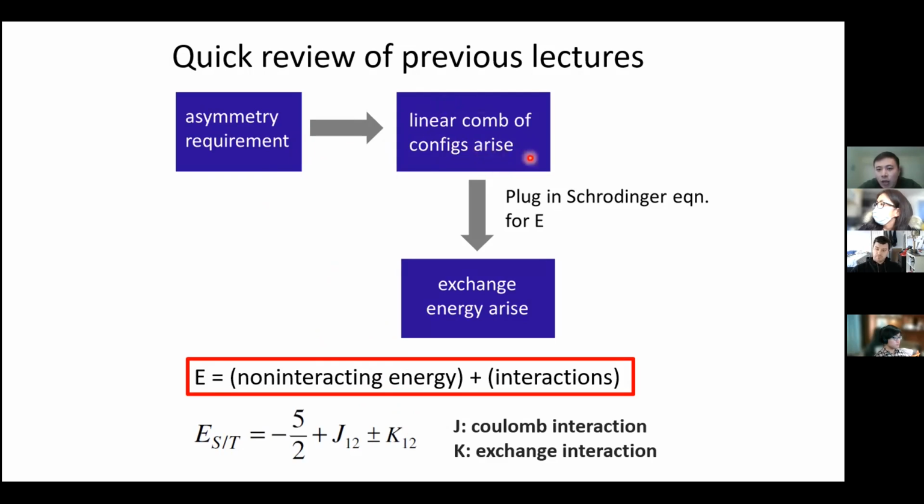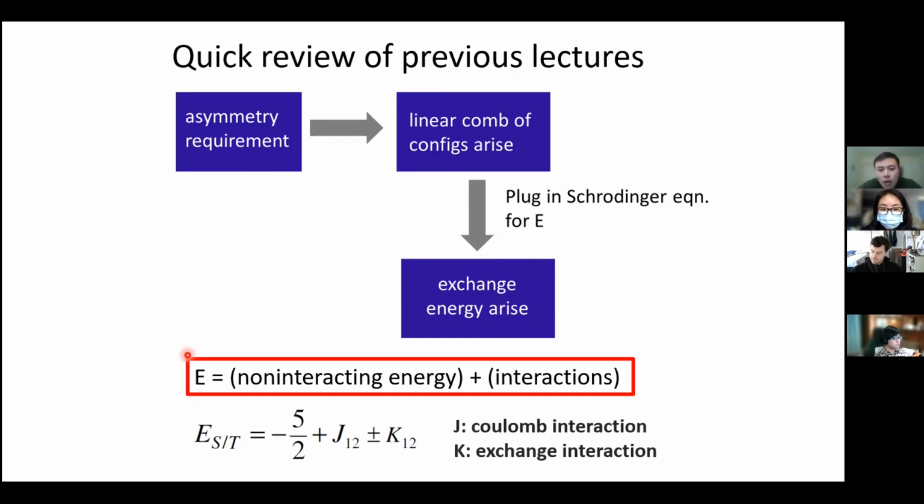And once we plug those constructed wave functions into the Schrodinger equation to calculate the energy, then we will see this exchange energy term arise. So we can see this exchange energy has a pure quantum mechanical origin, right? It simply has no classical analog for understanding this.